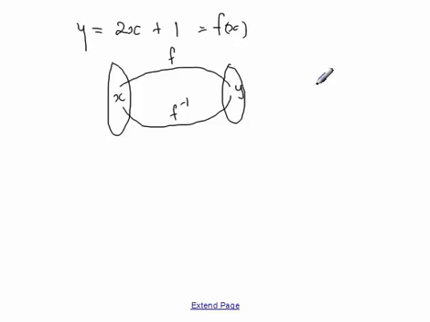Now, if you remember what I said yesterday, a function is an input-output system. So the input will be here, and the output will be there. Do you agree?